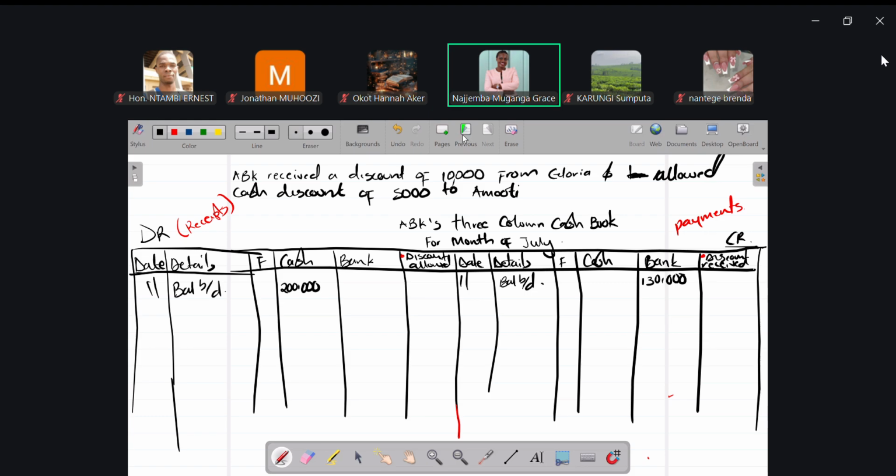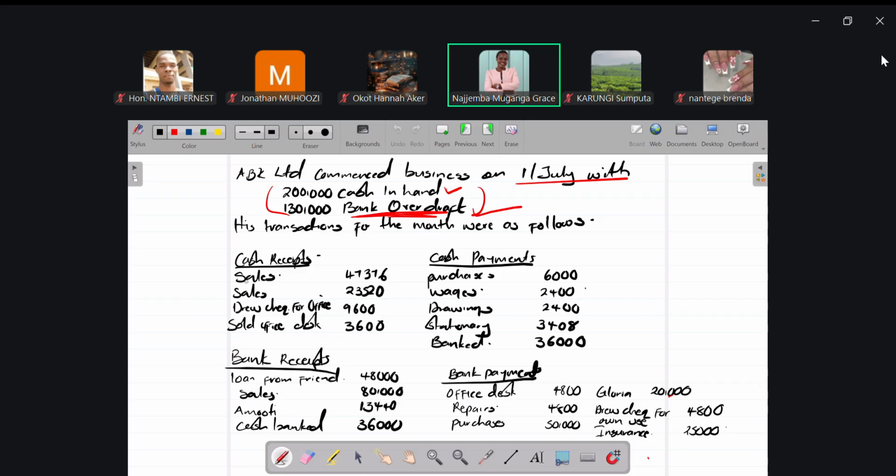Then the second transaction, this was straightforward. They have categorized everything for you, but we shall look at other questions where you read and determine whether the business is receiving money or making a payment. For the first transactions, we have cash receipts where the business is receiving money through sales, through withdrawals, and disposal of assets.